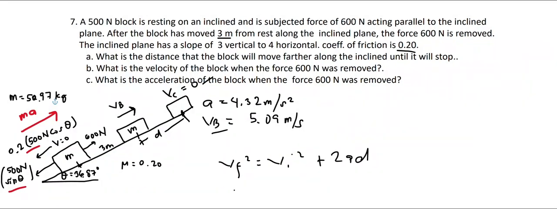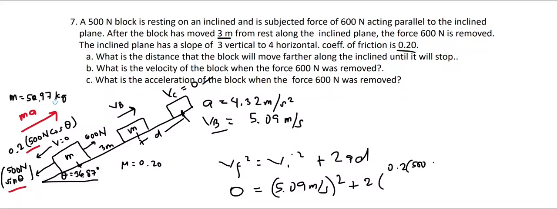We have our final velocity equal to 0 and the initial velocity of 5.09 meters per second, plus 2 times an acceleration that is equal to the frictional force and force due to its own weight, 0.2 times 500 cosine of 36.87 degrees plus the force of 500 sine of 36.87 degrees.